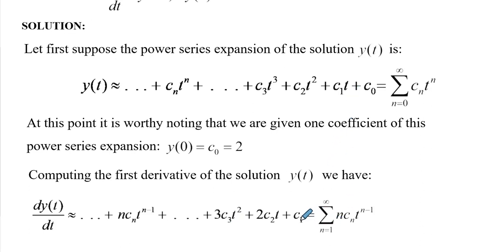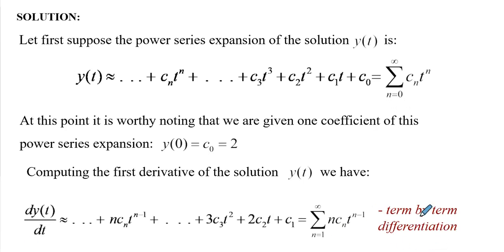The power series now starts at c1, and we can write it in a compact way using the summation sign. I hope you can see that in every term we've applied what we call the power rule. We just put n down and reduce the power of t by 1, which is our usual power rule.